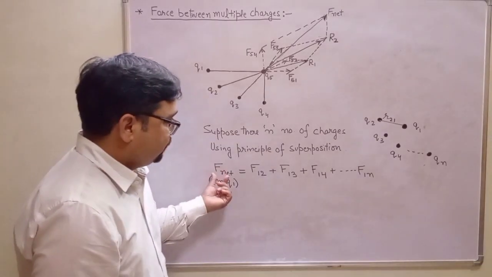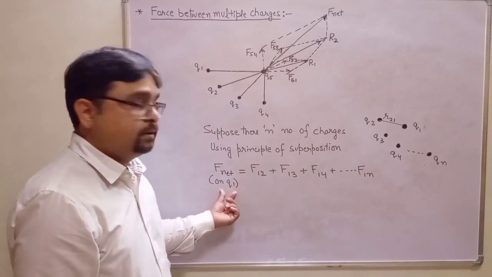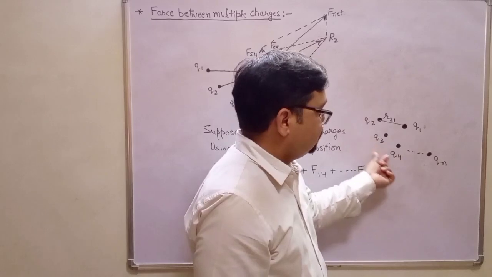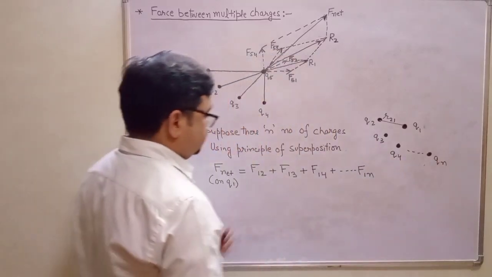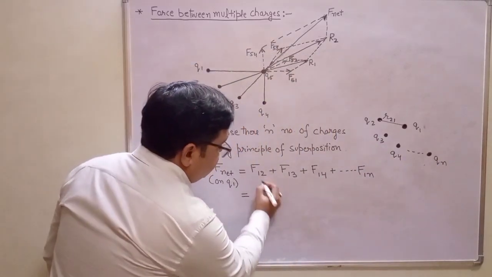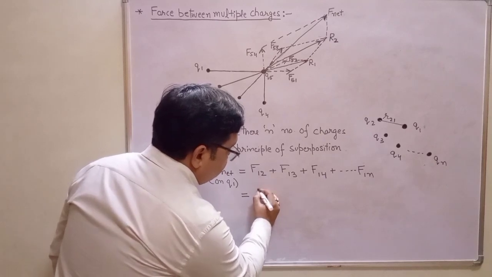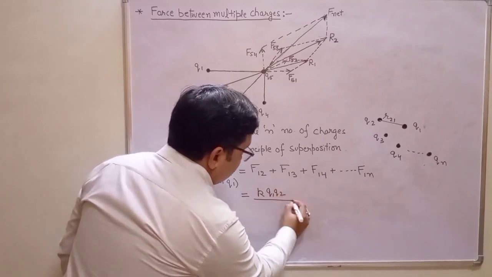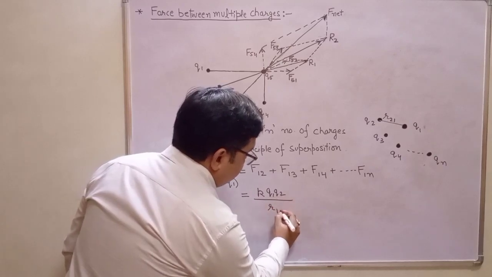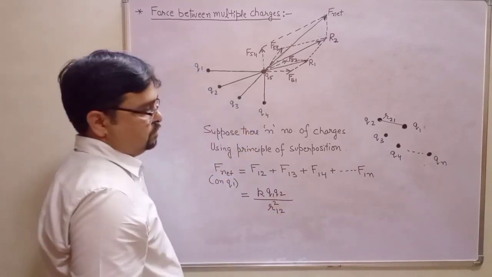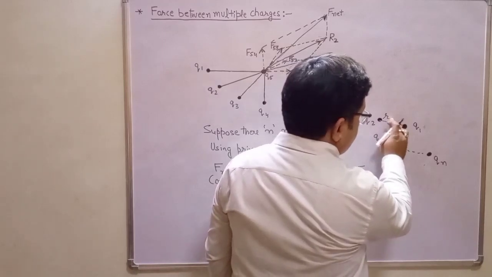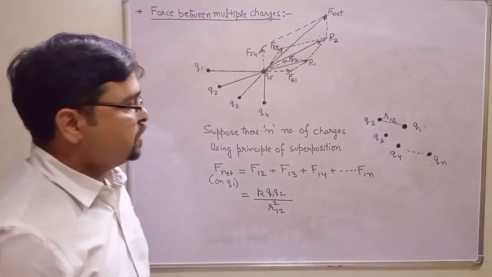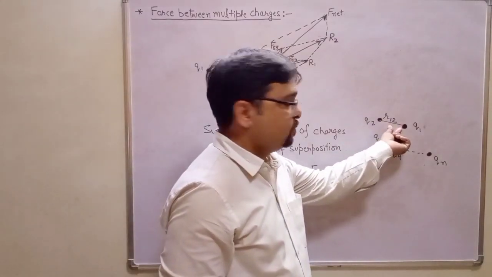So the net force on charge Q1 due to multiple charges Q2, Q3, Q4, Qn will be given by: F12 is K Q1 multiplied by Q2 divided by R12 square, R12 is the vector towards 1 from 2.